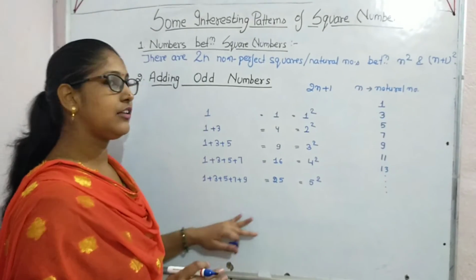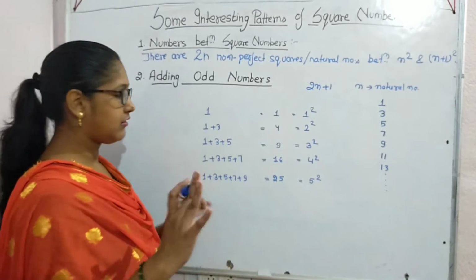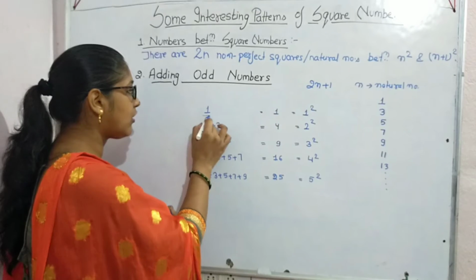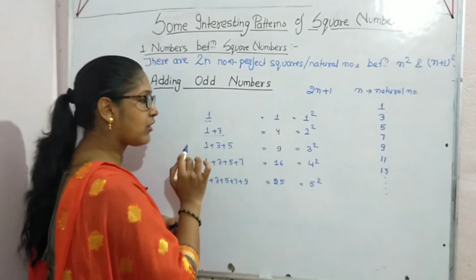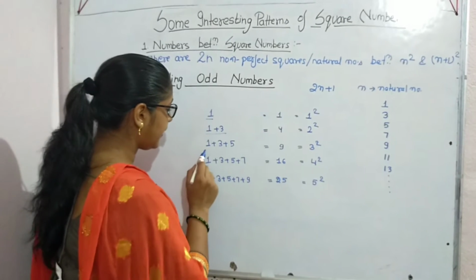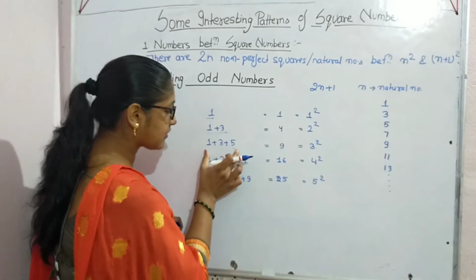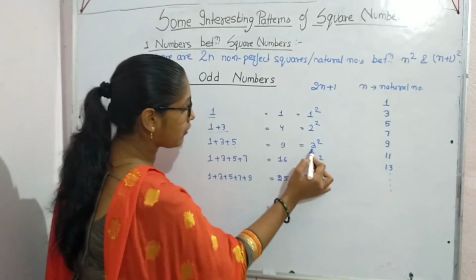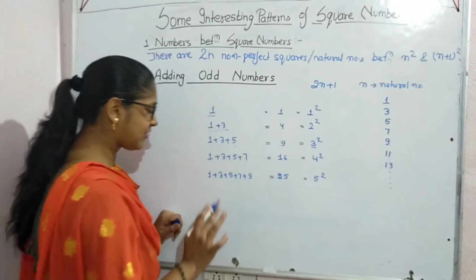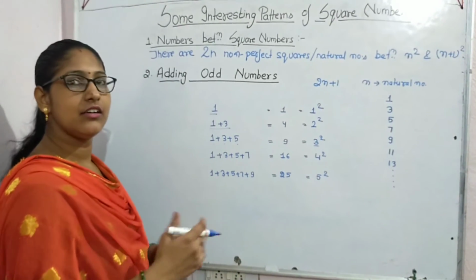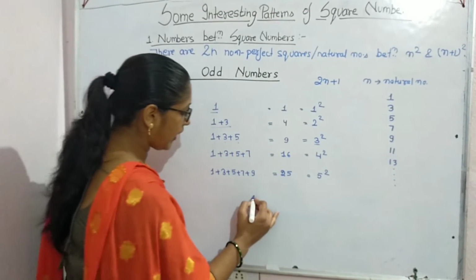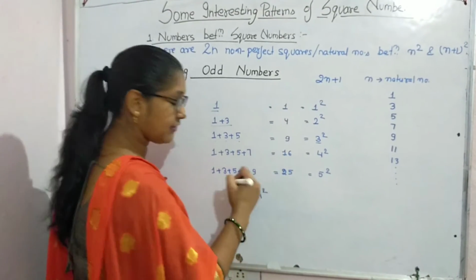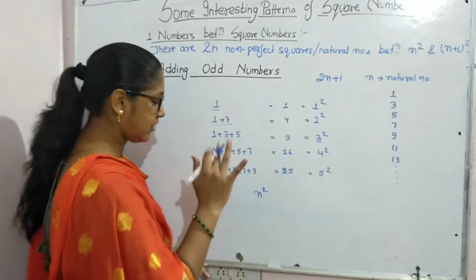So when we continuously add odd numbers, we see that here one odd number is the square of 1. Here we added the first two odd numbers, then it is the square of 2. Here 1, 2, 3 odd numbers are continuously added, then it is the square of 3. So can we say that when we add the first n odd numbers, it is equal to n square, where n is our number of odd numbers?